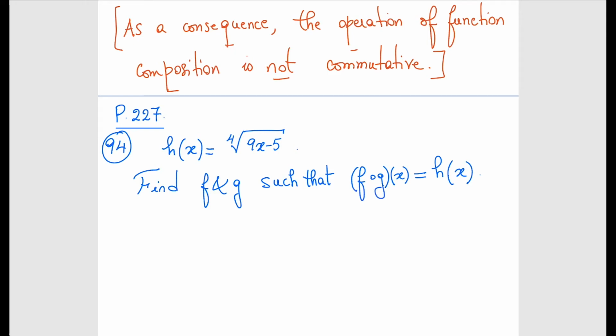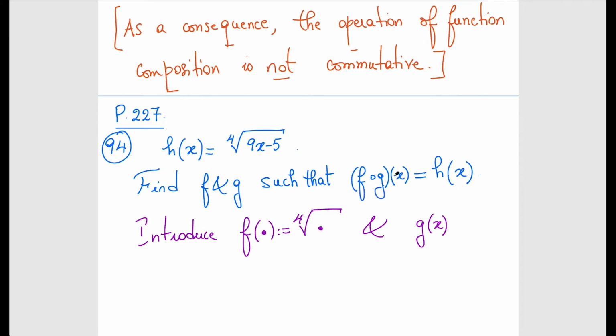So consider, or introduce, as we said, the function f of x to be the fourth root, the outer one, the fourth root of an input, and we label the input to be x. If you're not comfortable with x, forget it. How about bullet? Okay. So let's introduce this function. It's the fourth root function, and the function g of x, which is going to go inside f to produce this.